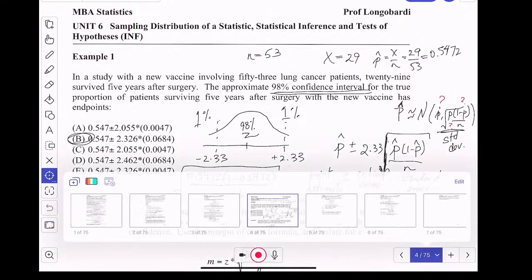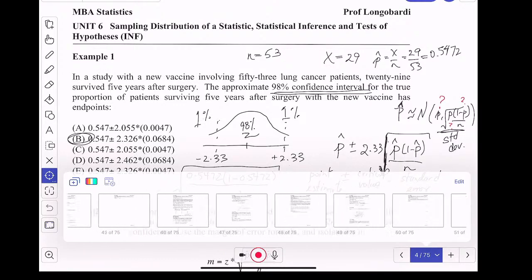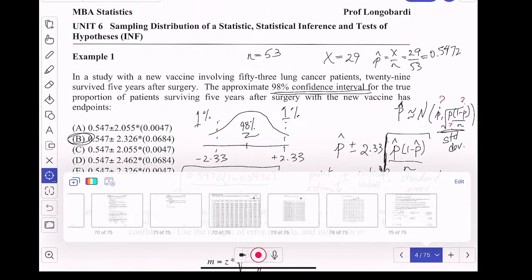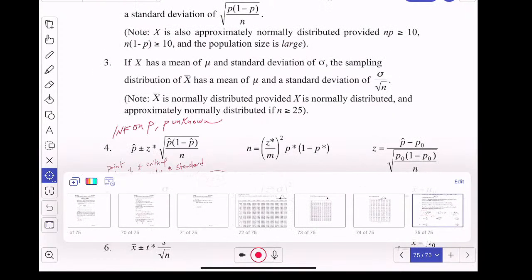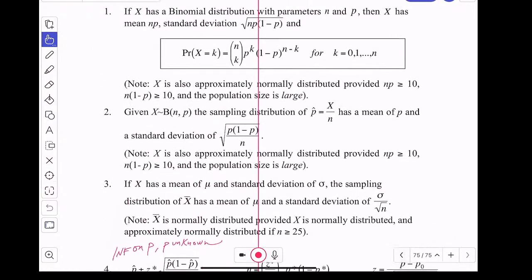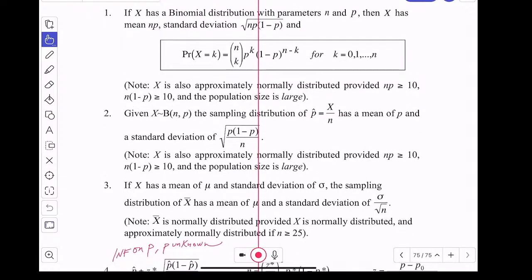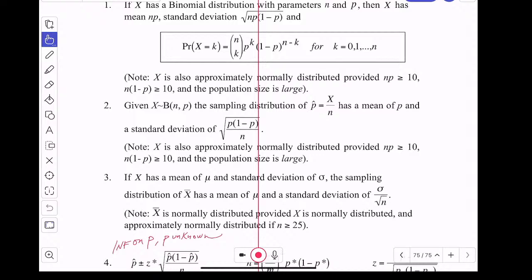So this was the beginning of inference. I went through and discussed each of these bullet points. These are the things you need to know for the final exam. So we talked about the binomial distribution and the sampling distribution of the count.